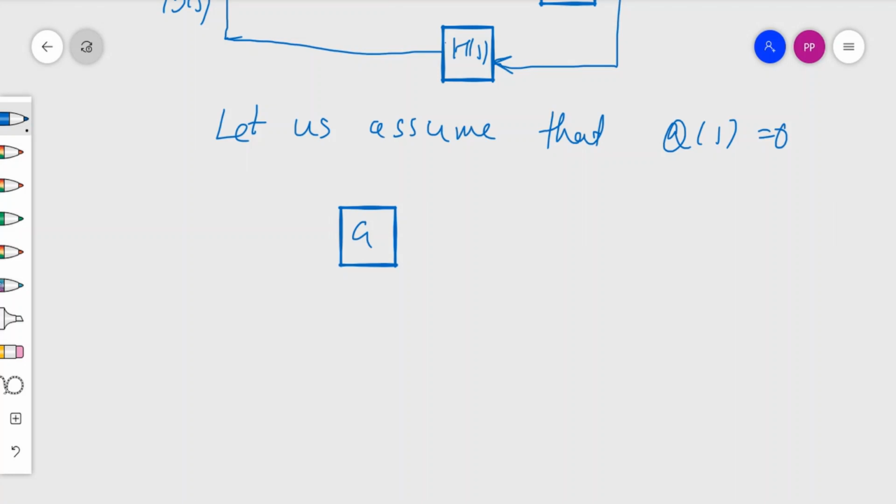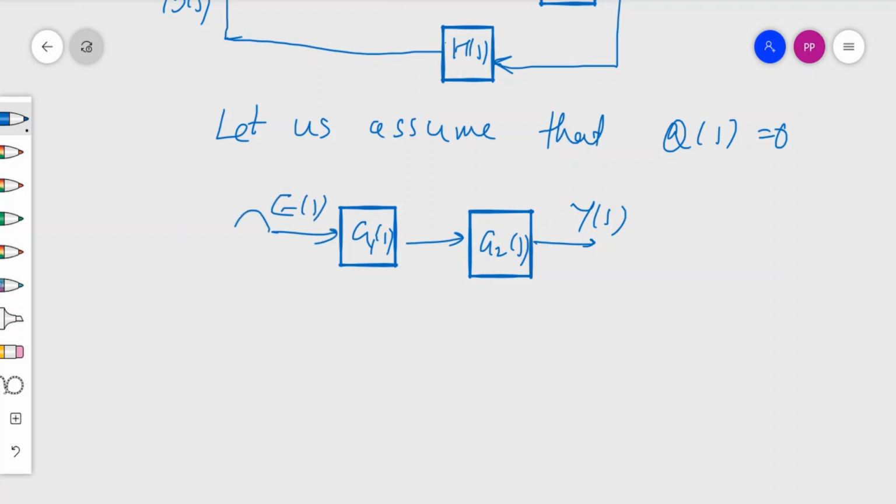We have the G1(s), and Q(s) was entering here, but now it is 0, so it is directly going to G2(s). You have the Y(s), and here you have the error signal, which is the comparison between the reference input and the feedback signal, which is coming from H(s), which is filtering the signal from Y(s).